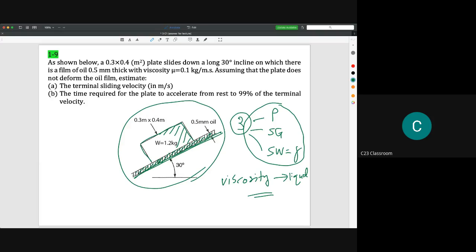Normally we use an oil to create a gap between this object and the plane. For example, we have a 30-degree angle here so it could slide naturally with the gravitational force. In this question, we need to calculate the terminal velocity.